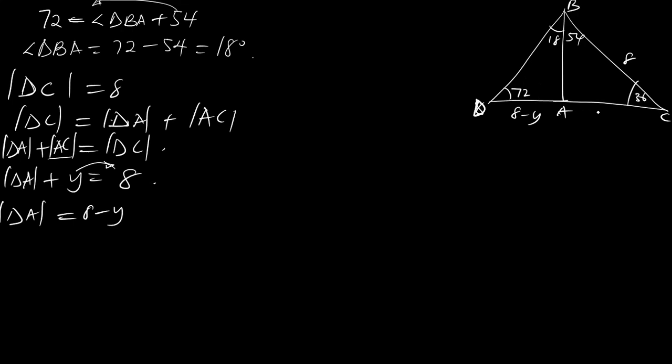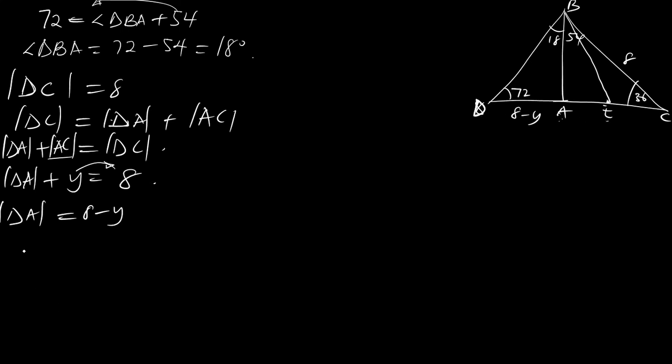Now we extend the line from A to E, then draw a line joining that point. We extend the line from A to E in such a way that DA is equal to AE.